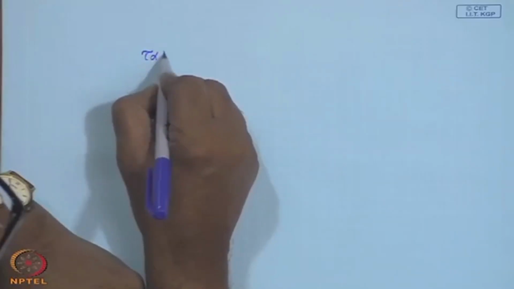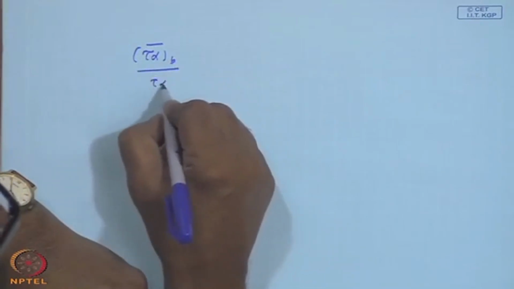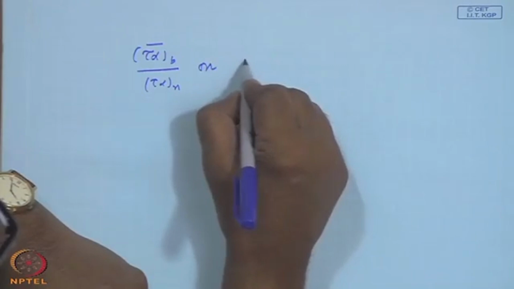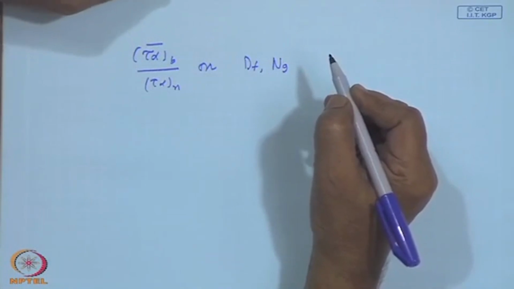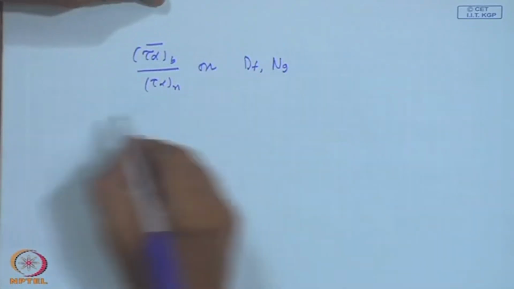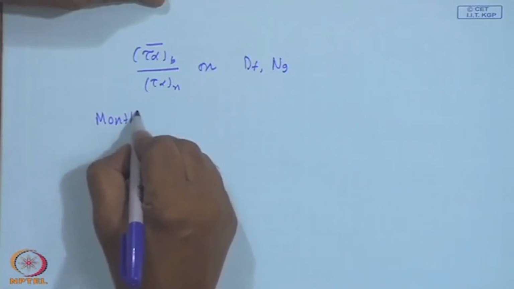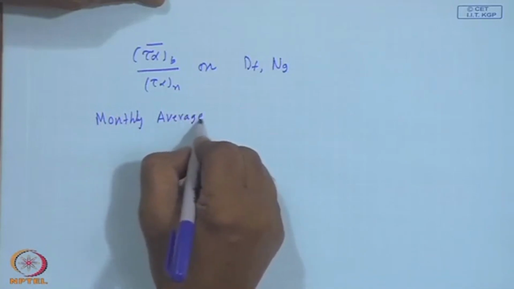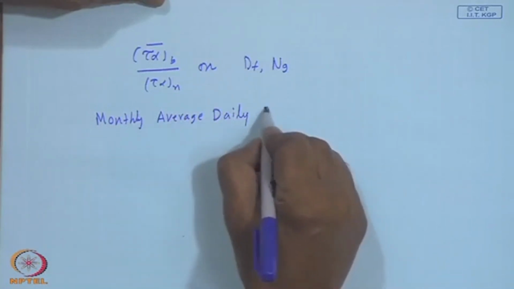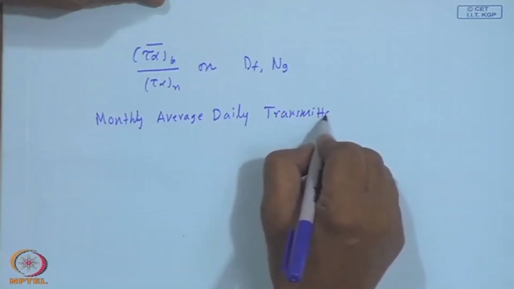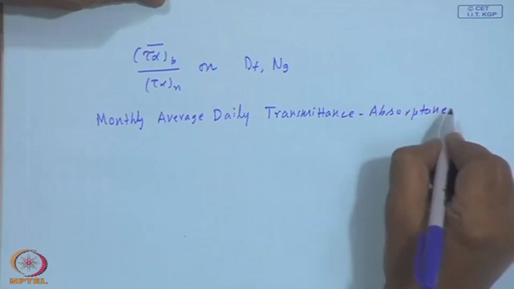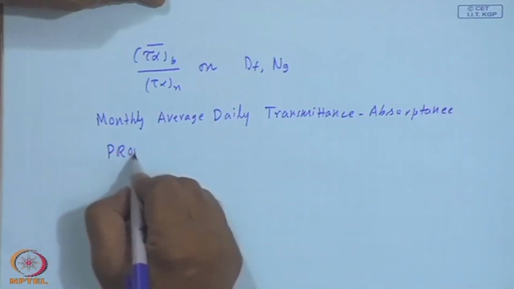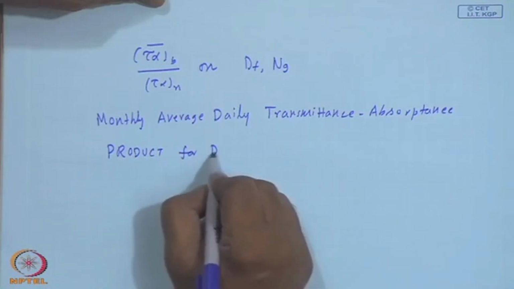So, before we proceed to examine the dependence of tau alpha bar b upon tau alpha normal, particularly on the diffuse fraction and the number of glass covers, like we have done for the monthly average calculation for the direct radiation, how do we get the monthly average daily transmittance absorptance product for direct radiation?